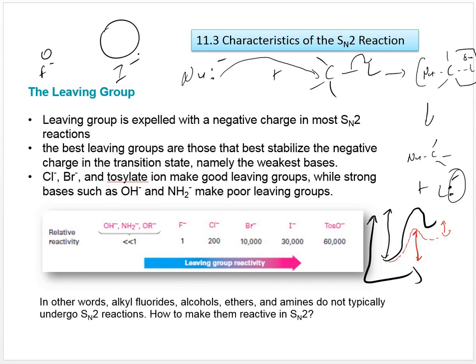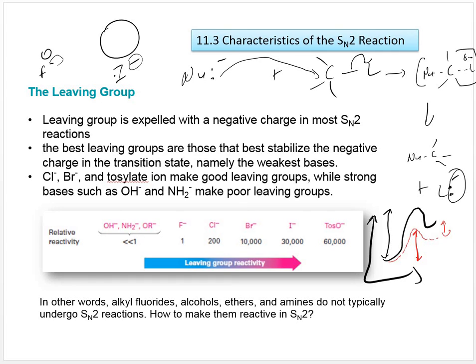Here there is a net negative charge in this volume, and there's a negative charge in this small volume. So the negative charge on iodide will be spread over a larger volume, and the negative charge on fluoride will be in a smaller volume. So we can spread this negative charge over more surface or more volume, and this will be more stable.